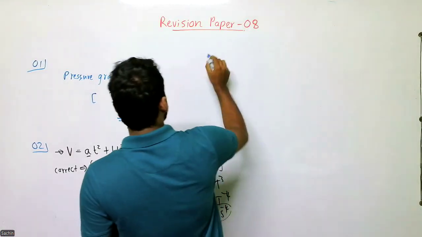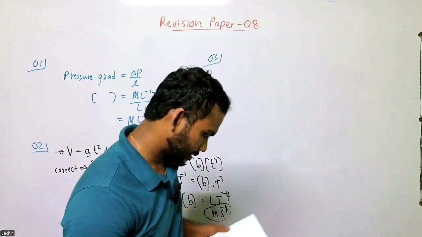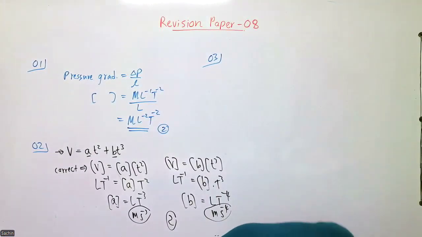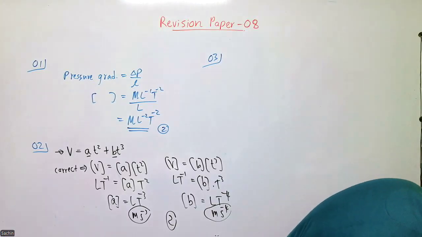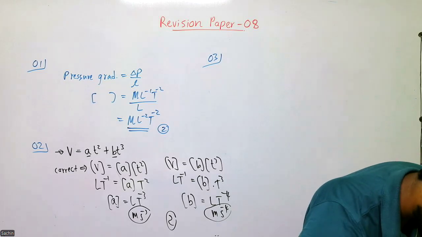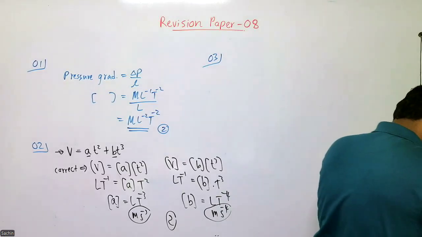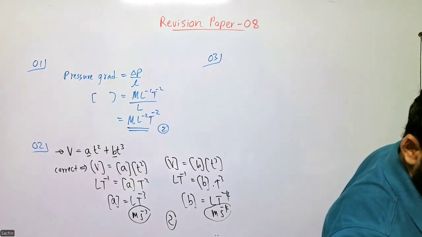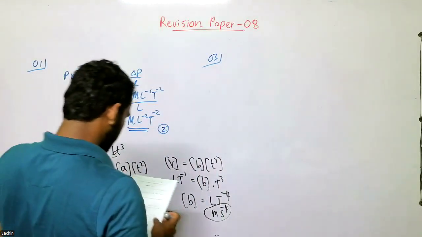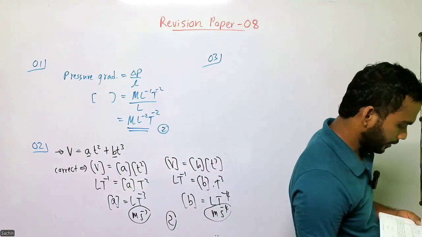Okay. Third question. The critical angle between the glass and air of an isosceles right angle prism made of glass is 42 degrees.